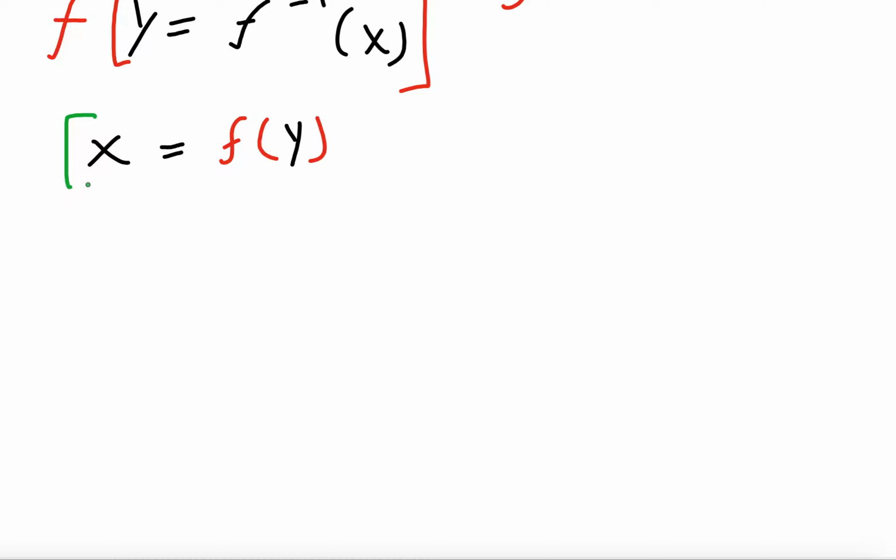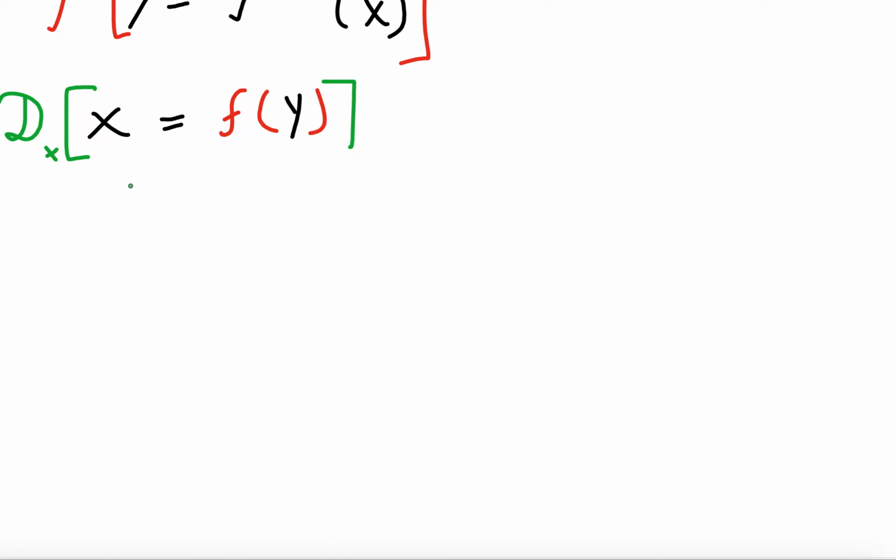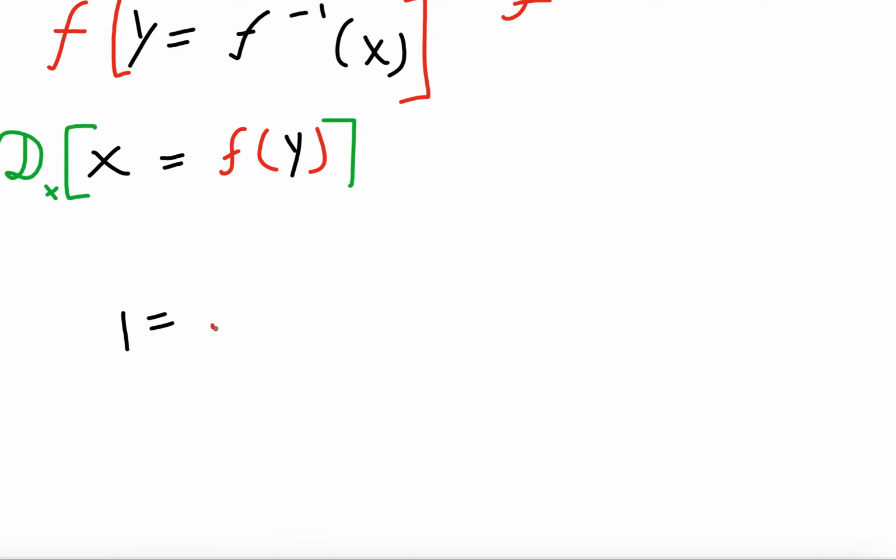And now, of course, what we're going to do, we're going to differentiate with respect to x on both sides. So we get derivative of x with respect to x is going to be 1, and that's equal to the derivative with respect to x of f of y, but y depends on x. So we get f prime of y, and you multiply that, of course, by dy dx.